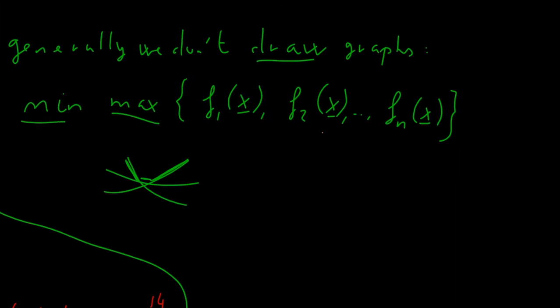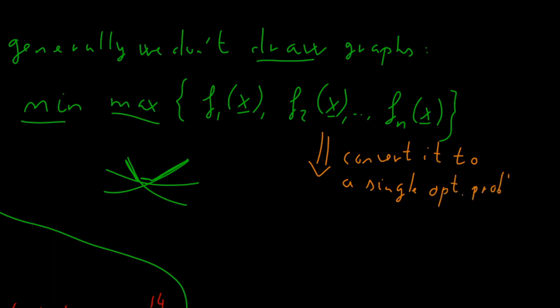But we can transform it to a set of inequalities. So in general, how we solve this, we just convert it to a single optimization problem, as follows. We just let t be a new variable, so there are variables coming from the input, and then there is one single new variable t.